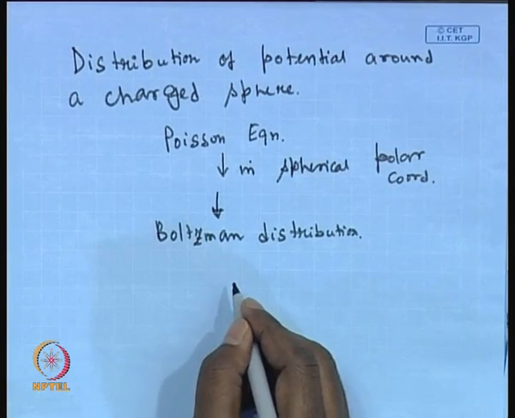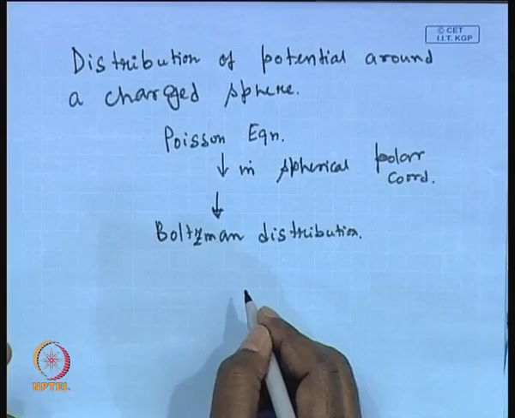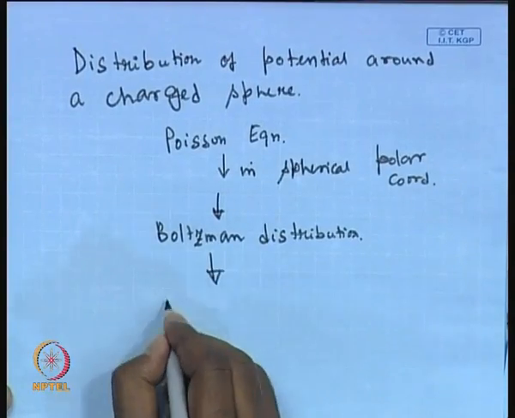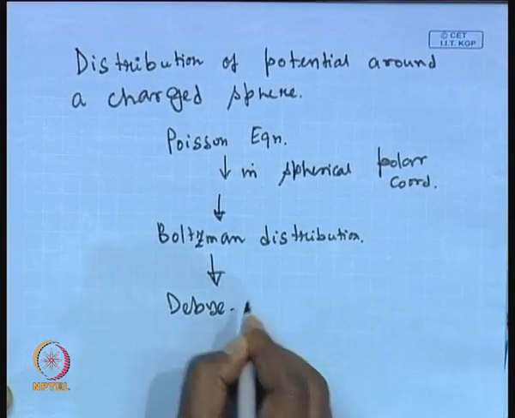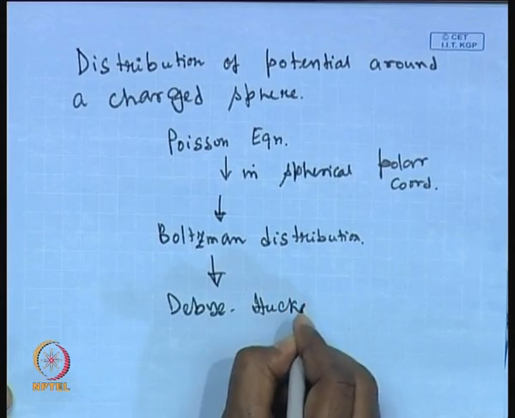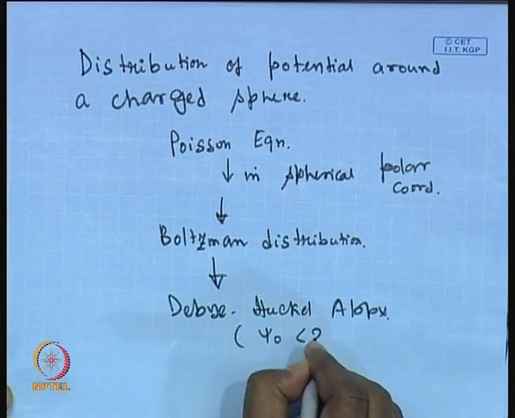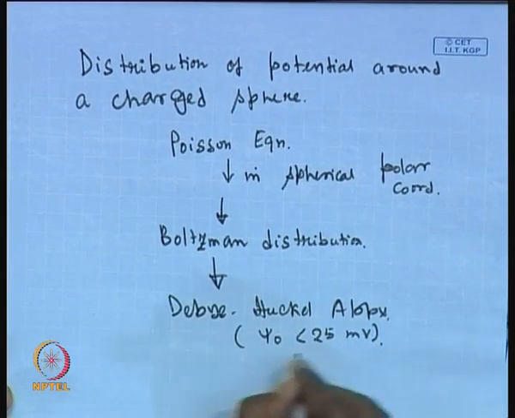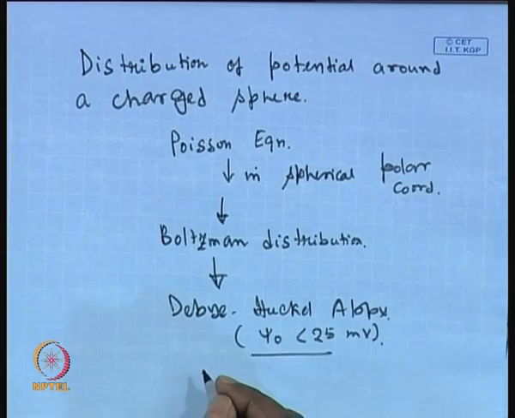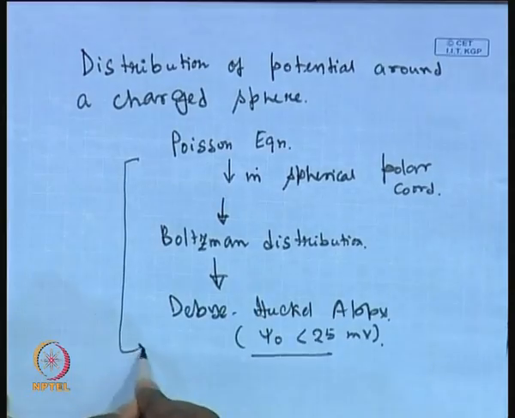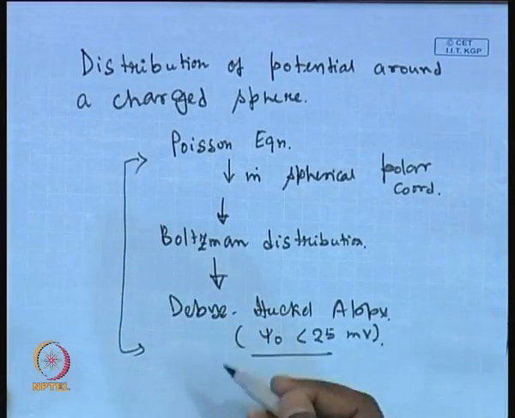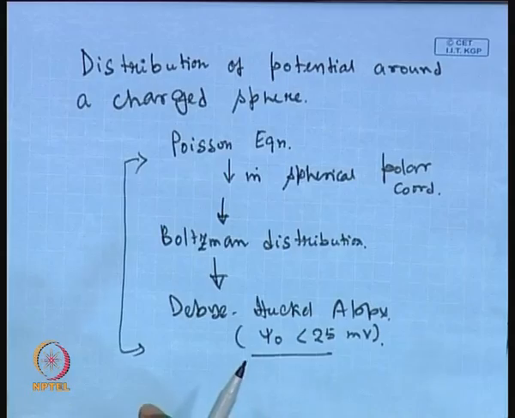Now, the Poisson-Boltzmann equation in spherical coordinates becomes too clumsy. So, use the Debye-Hückel approximation, that means surface potential is less than 25 millivolt. Then you will get an equation which is very easy to solve. I am not going into the details of these steps because this was already done for the flat plate.